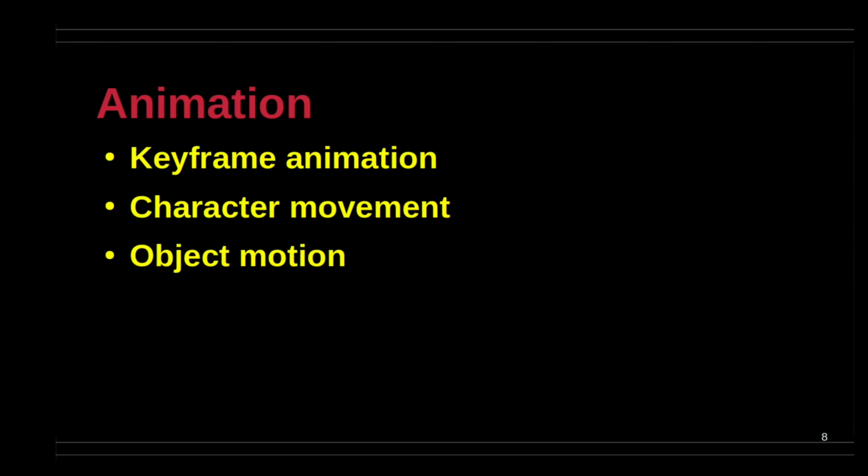In character movement, the character is animated using translation by walking, running, or jumping. In object motion, translation is used to create animations for moving items like cars, planes, or other mechanical objects.